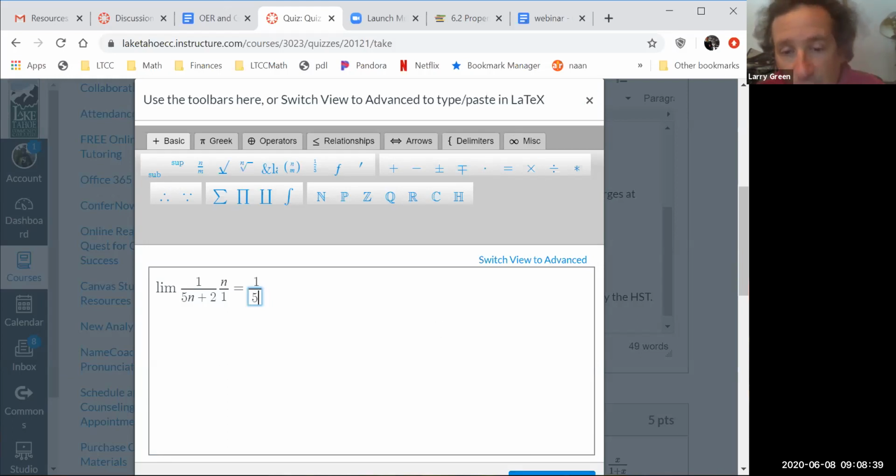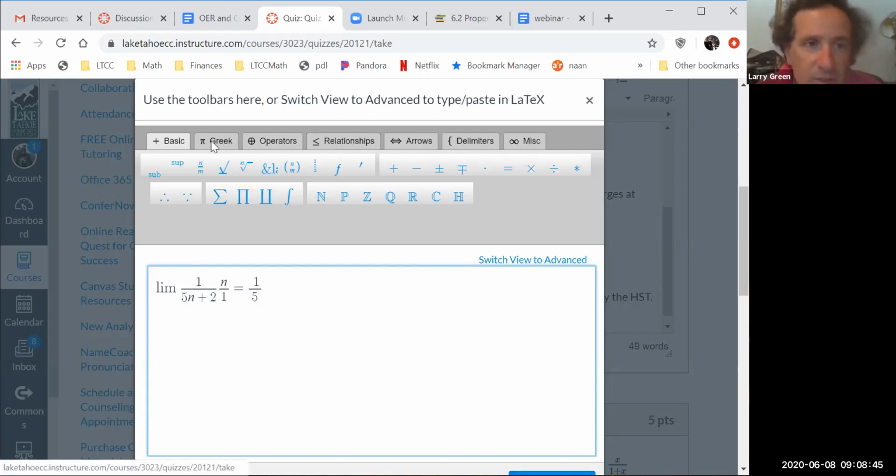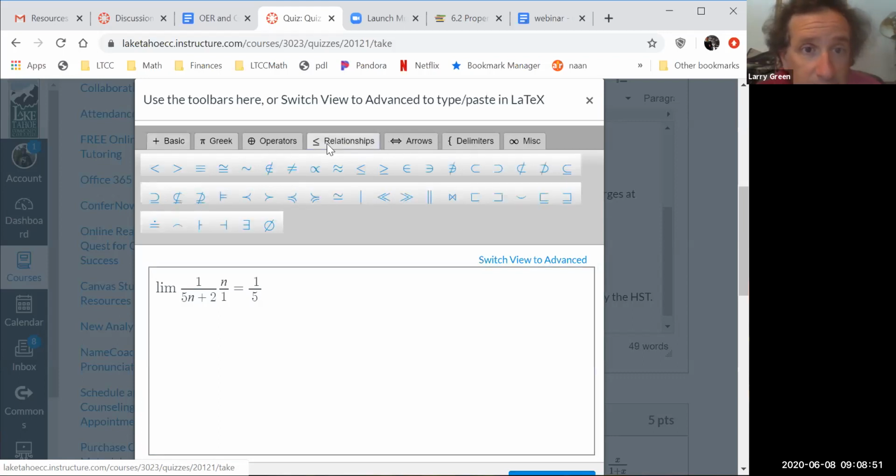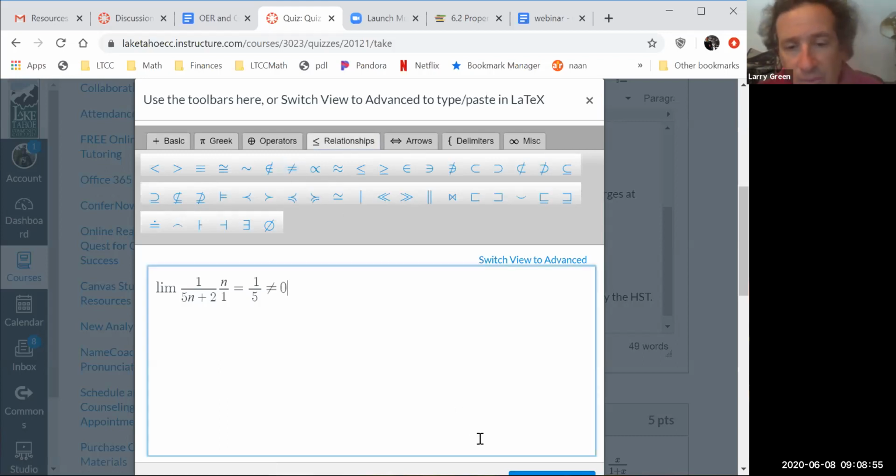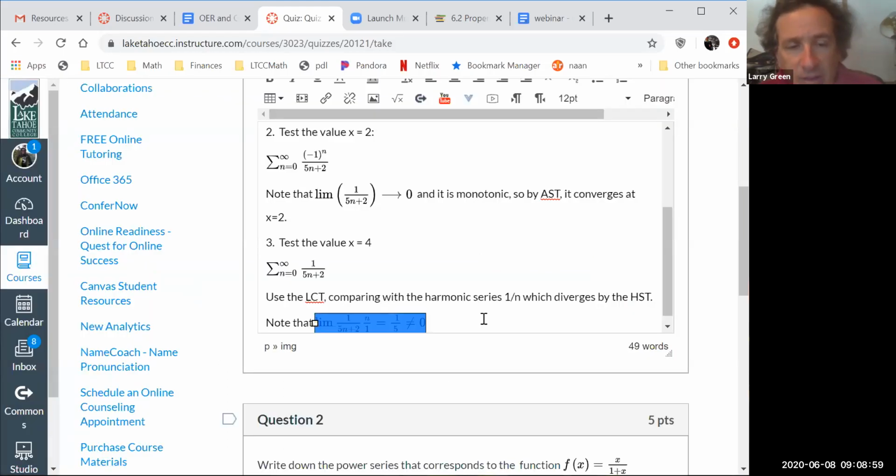Okay. And the important thing about 1/5 is that it is not equal to 0, because that's usually what you want to look at. You want a non-zero number if you can get one. So we know this is not equal to 0.